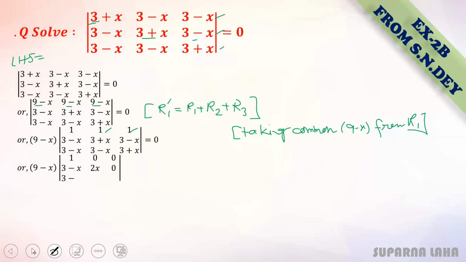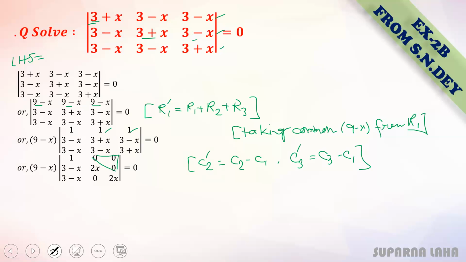So that means column 2 dash is equal to column 2 minus column 1, and column 3 dash is equal to column 3 minus column 1. So now look at here. This is the determinant of an upper triangular matrix.